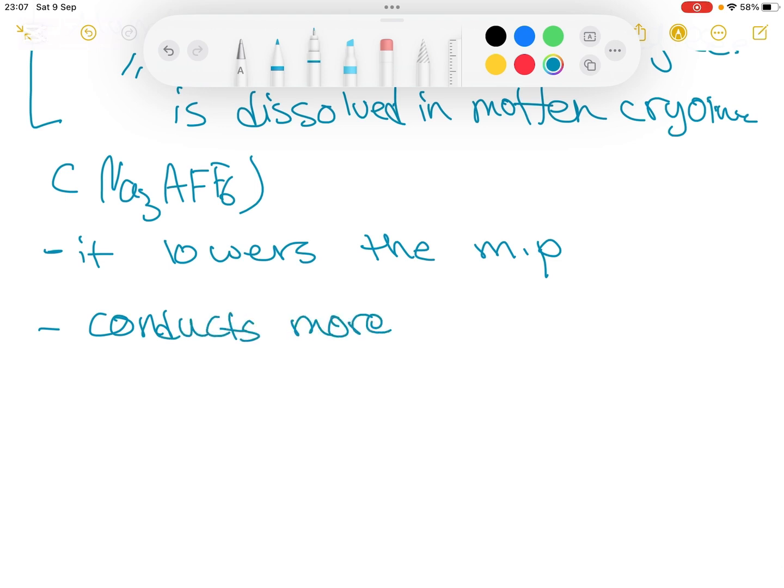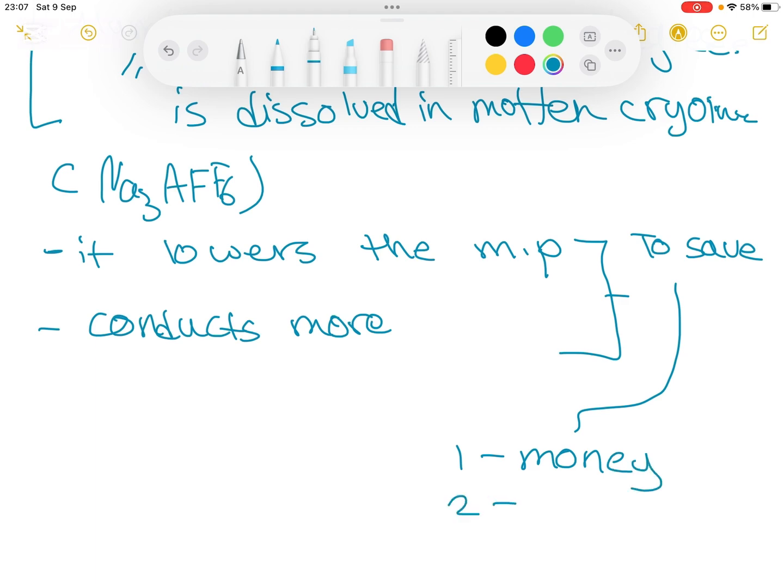Cryolite is written Na3AlF6. This lowers the melting point and increases the conductivity, to save 2 things: money and time.